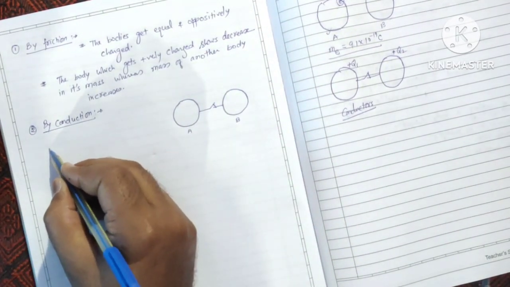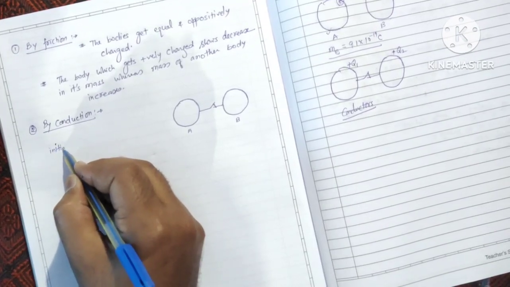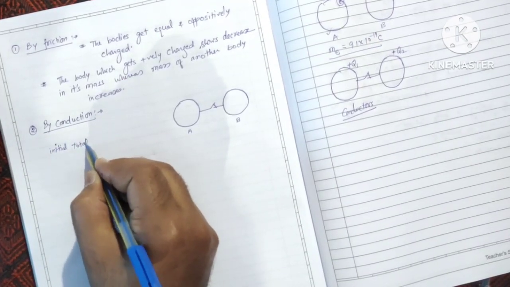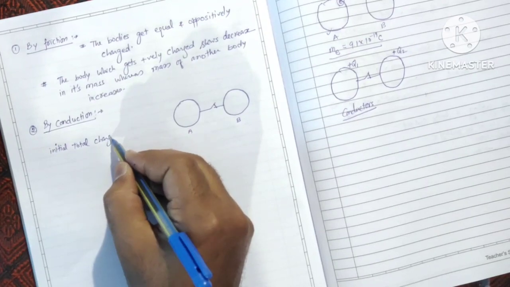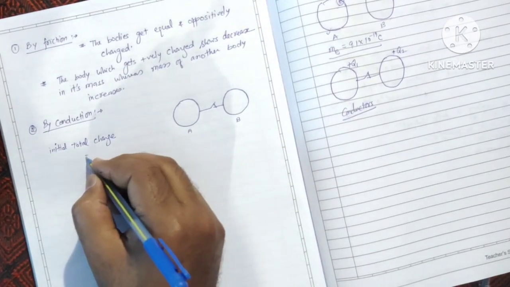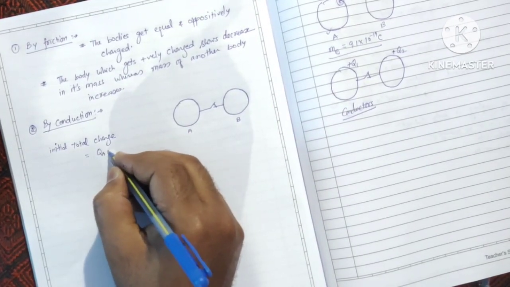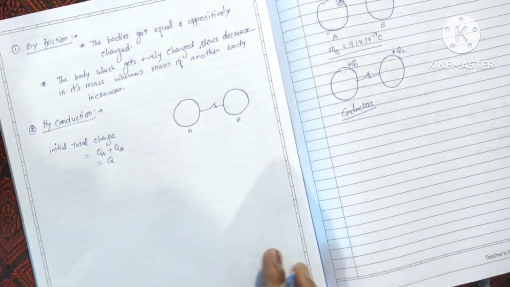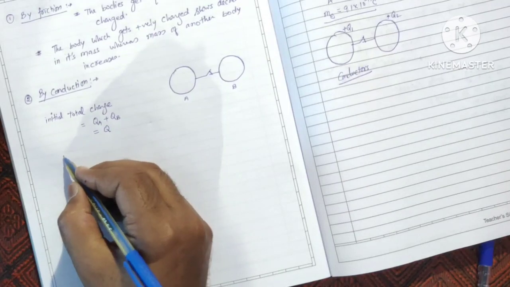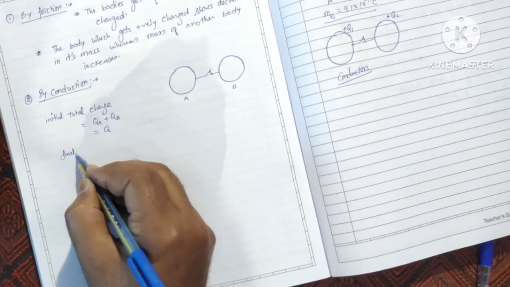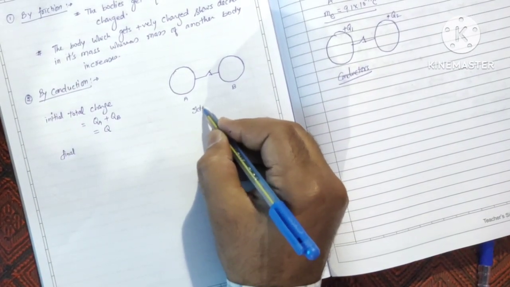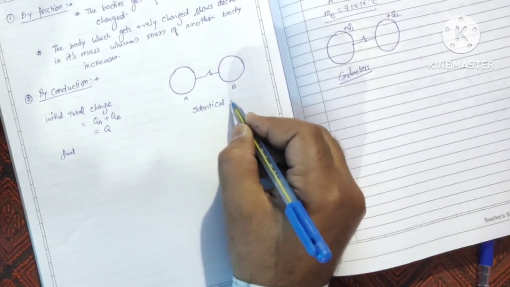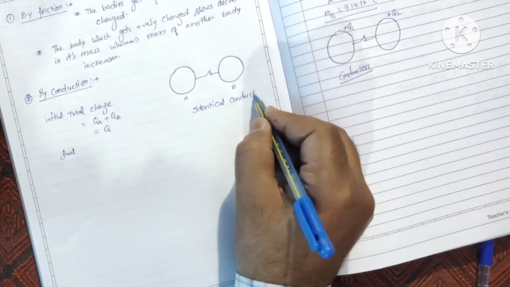Suppose the initial total charge, that means the charge on both the bodies, QA plus QB, is Q. Let me tell you about the final situation in the case of identical conducting bodies.